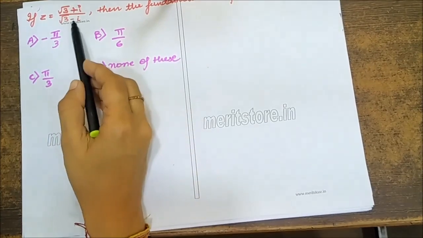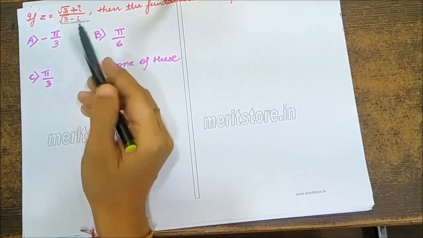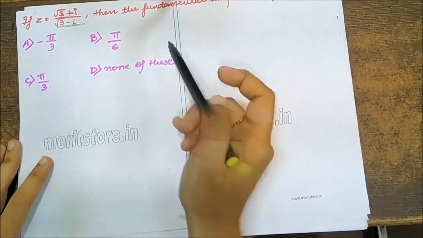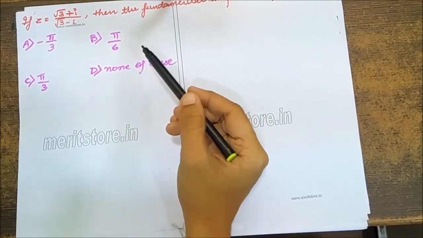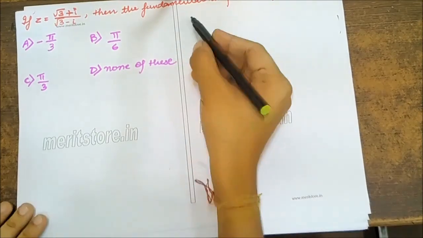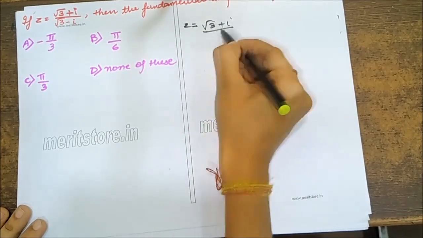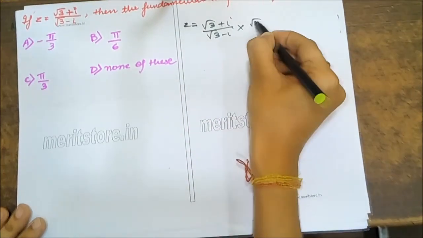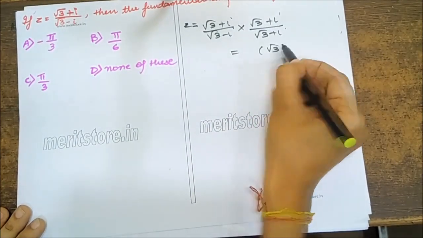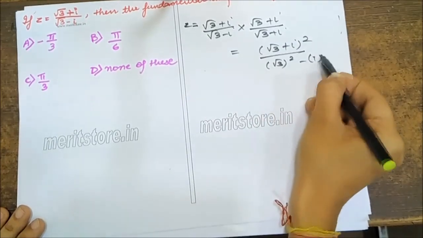If z is equal to (root 3 plus i) upon (root 3 minus i), then the fundamental amplitude of z will be: taking the conjugate of the denominator and solving, you get (root 3 plus i) whole square upon (root 3 square minus i square).